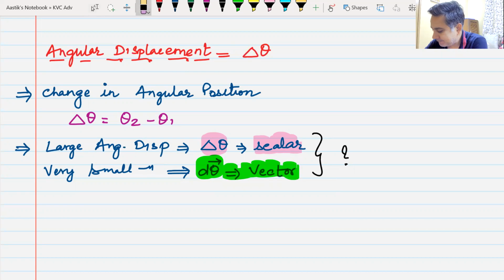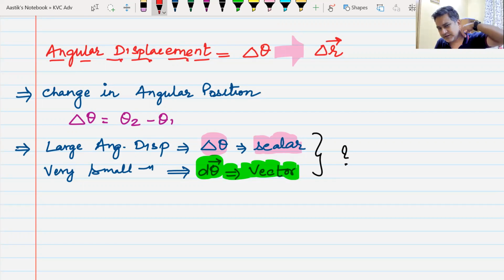Displacement and position. If I take this angular term out, displacement, that is what it should remind you of. Whatever this displacement vector was doing in your linear motion, for large angular displacement it is a scalar. But apart from that, both the terms are similar.